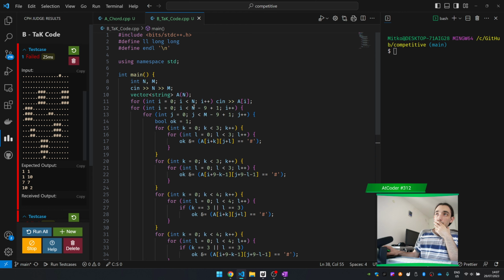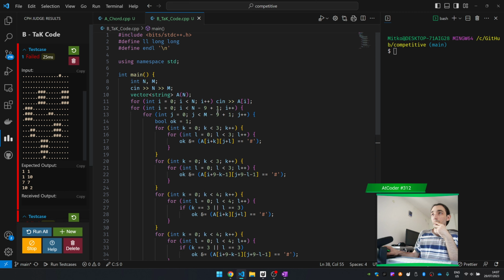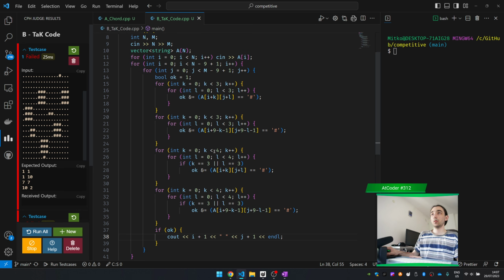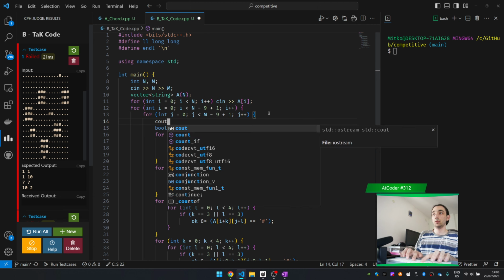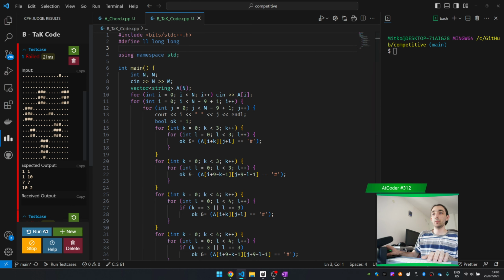So this is n minus 9, n minus 9, and just print where it crashes.